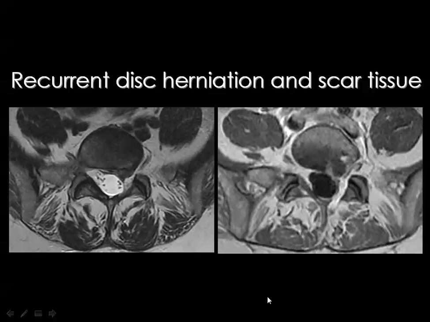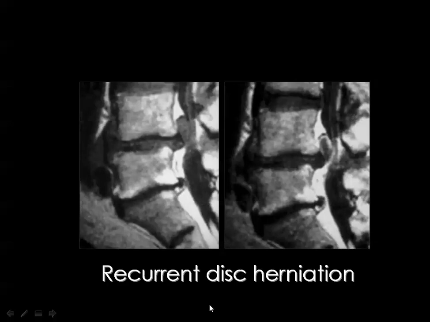Then in this example, axial T2 weighted image, and you see a lesion here. This may represent disc or may represent scar tissue or both. Then after injection of contrast, you see that the periphery of the lesion is enhancing, representing the scar tissue, while the central part of the lesion is not enhancing, representing the disc lesion. Then this is a recurrent disc with postoperative scar tissue as well.